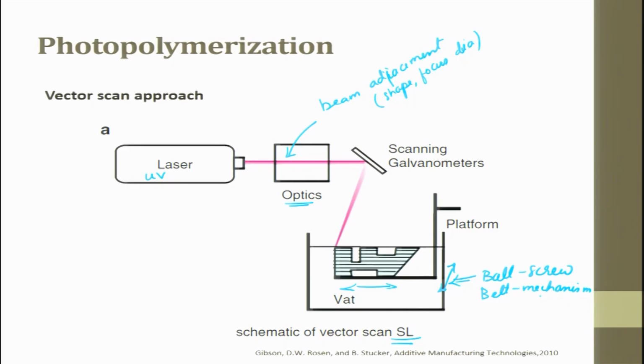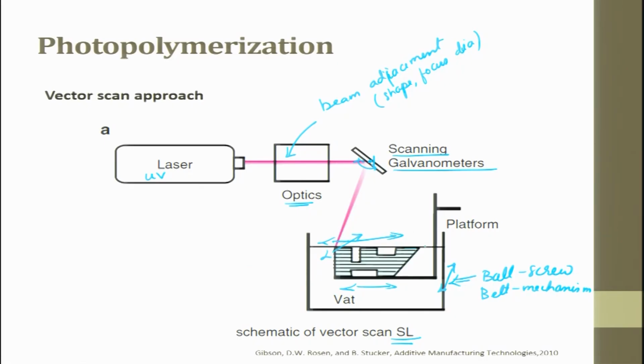So, in order to avoid this, nowadays we try to go for a scanning galvanometer. This galvanometer sweeps in one direction, it is pivoted here in one direction. So, it hits a layer of polymer and cures it in the X and Y plane. It hits and moves on the X and Y plane of a single layer.